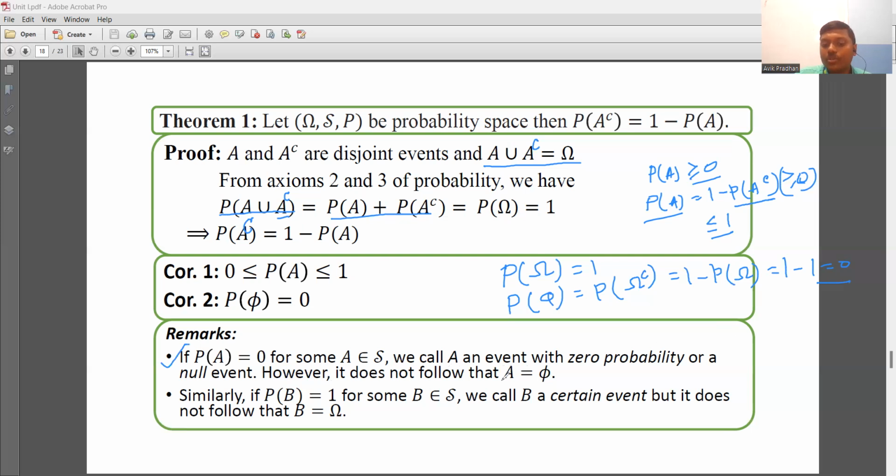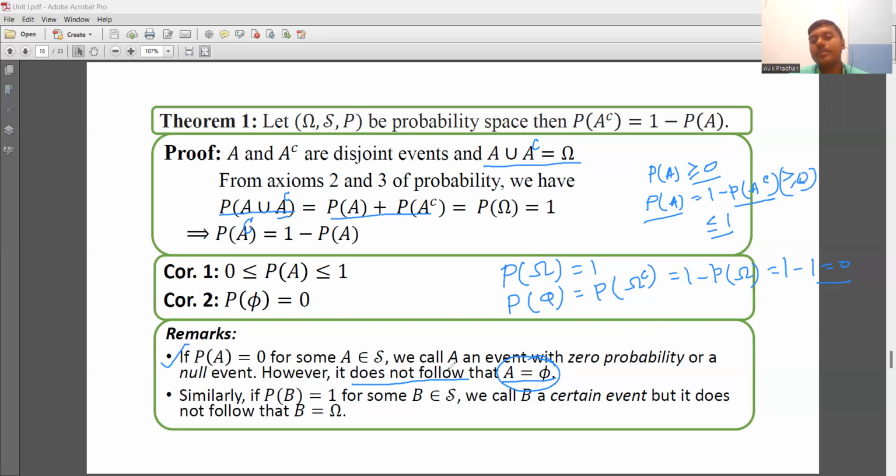However, it does not follow that A is equal to phi. We may have some events which contain some sample points, but the corresponding probability is 0. But it does not mean that the set is an empty set. It contains some sample points.